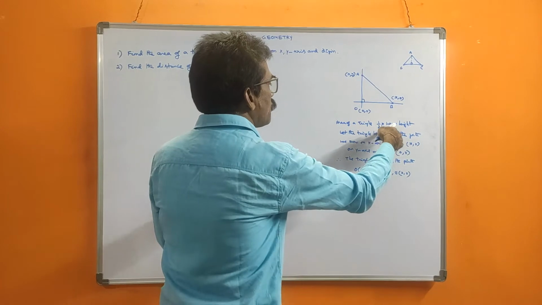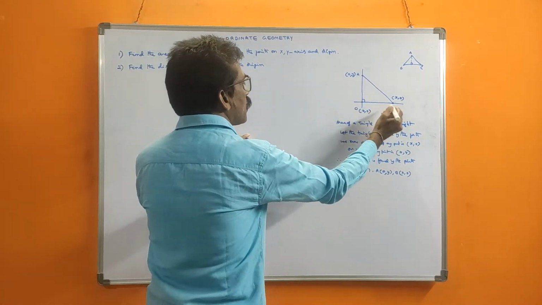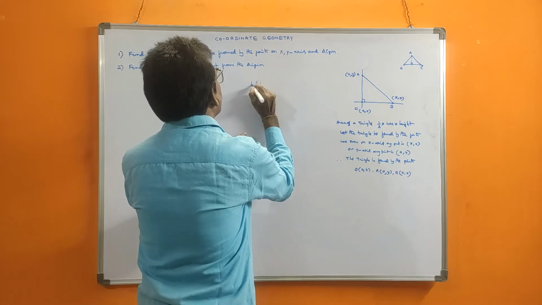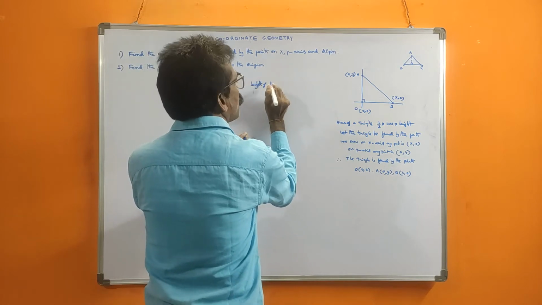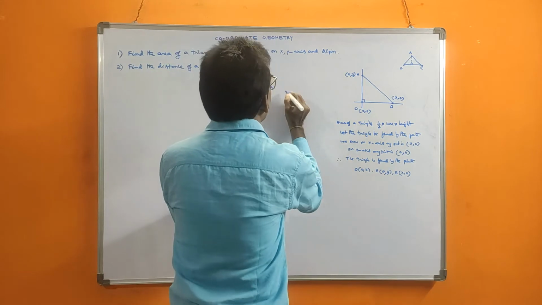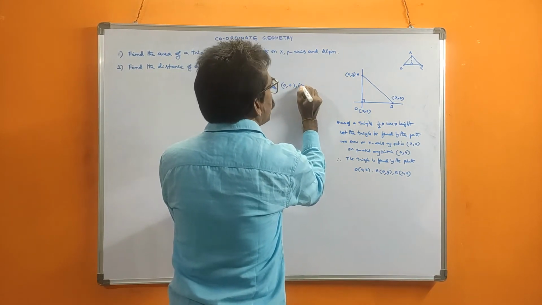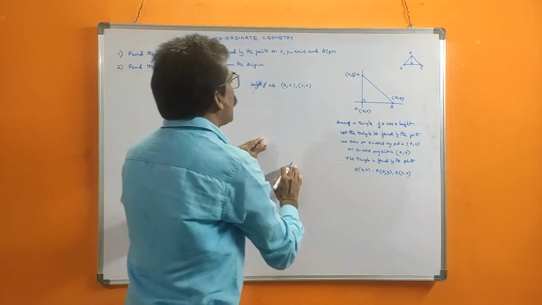Now we want base into height. Base means OB, the distance OB. That means the length of OB. The length of OB means, right, the points: O is (0, 0) and B is (x, 0).